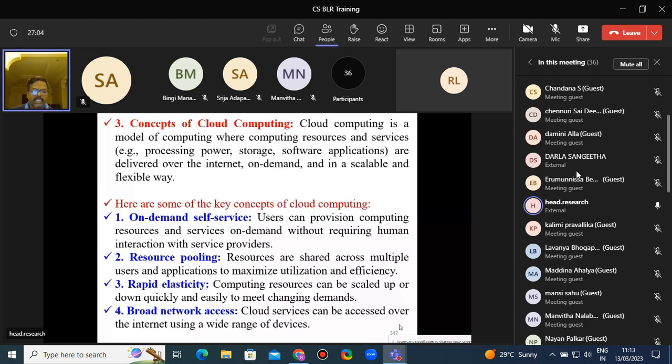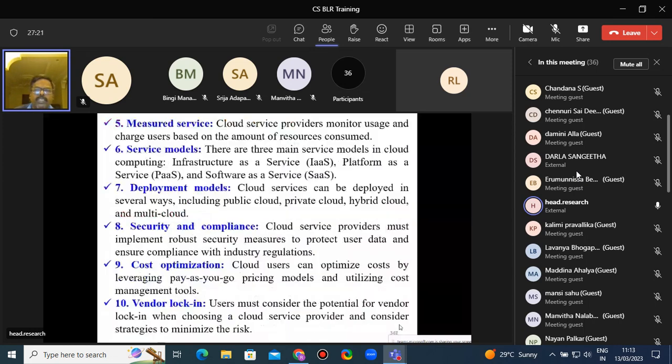Broad network access. Cloud services can be accessed over the internet using a wide range of devices. Measured services. Cloud service providers monitor usage and charge users based on the amount of resources consumed.